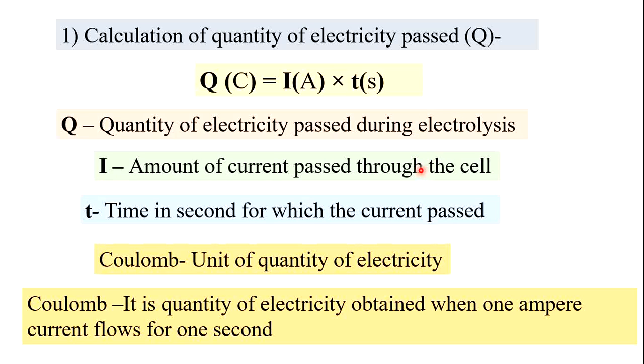So if you know the current and the time in seconds, then you can calculate the quantity of electricity passed through the electrolytic cell. So Q is equal to I into t.